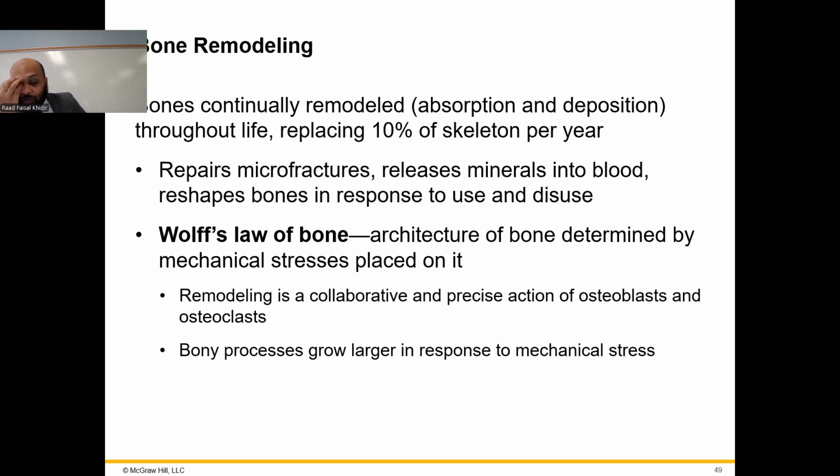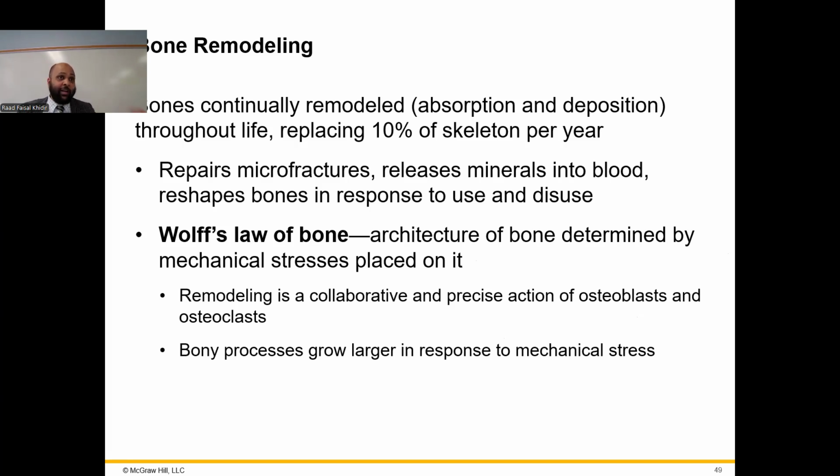It releases minerals into the blood, and reshapes the bones in response to use and disuse. What's Wolff's law of the bone? It says that the architecture of the bone is determined by mechanical stresses placed on it. If you're a construction worker, you're going to be really strong because you're stimulating your bone to adapt to the stress.